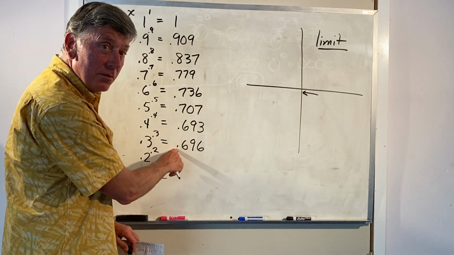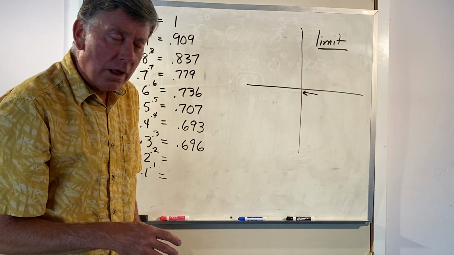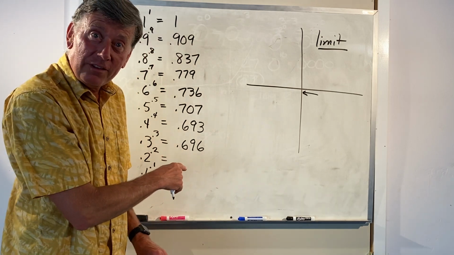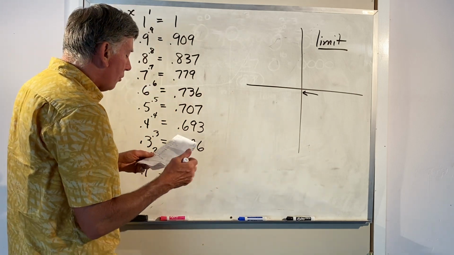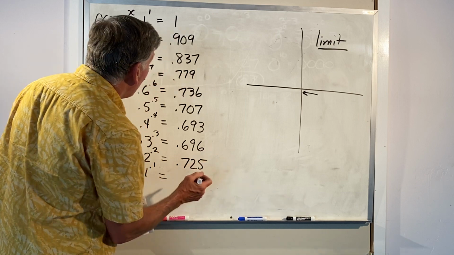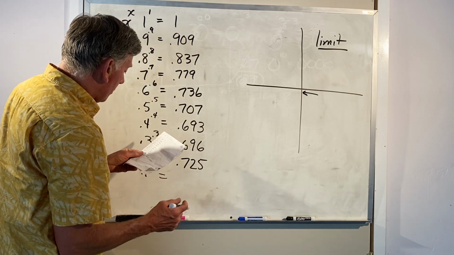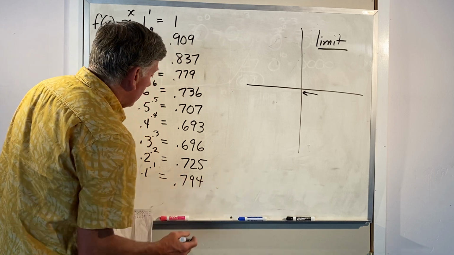All of a sudden, though, with 0.3 to the 0.3, I'm getting bigger. I'm not heading towards 0 like I thought. All of a sudden, I'm heading back. 0.2 to the 0.2, I'm getting bigger again, 0.725. 0.1 to the 0.1, 0.794.